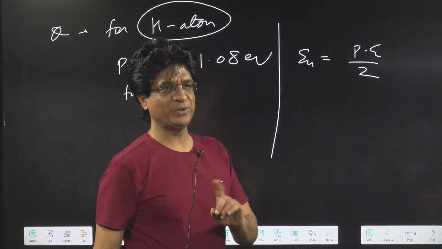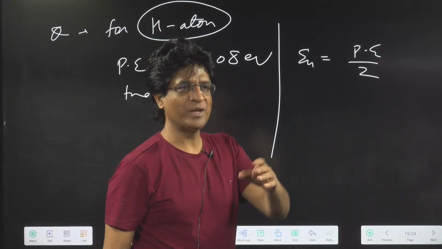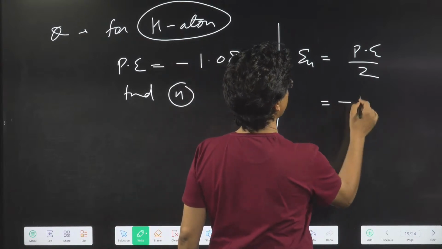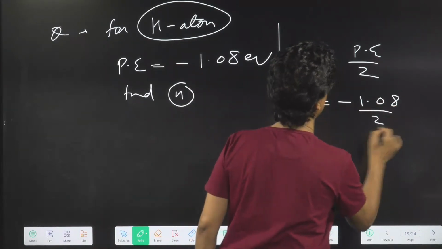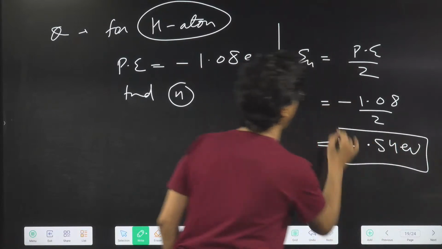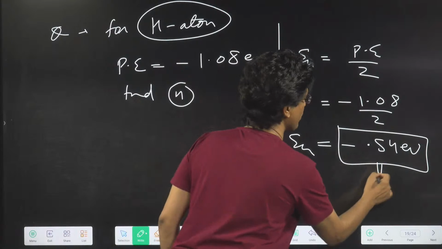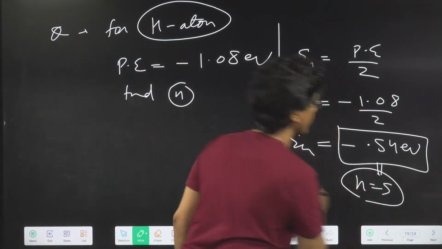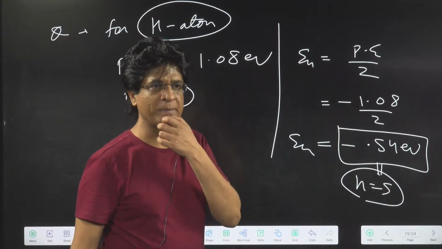Sharanya, earlier you were right. So this will be minus 1.08 upon 2, equal to minus 0.54 electron volt. Now, minus 0.54 electron volt belongs to N equal to 5. This is the energy of orbit number 5.